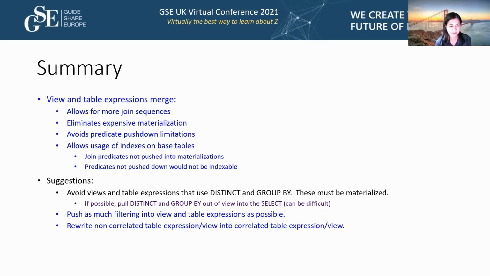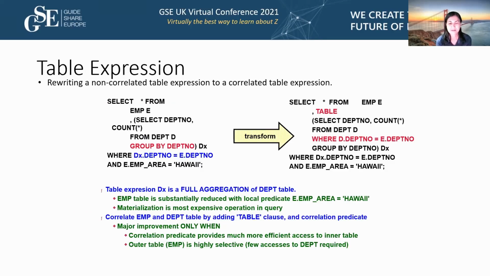You can transform a non-correlated table expression or view into a correlated table expression or view. Here are some examples on how to transform a non-correlated table expression to a correlated table expression.